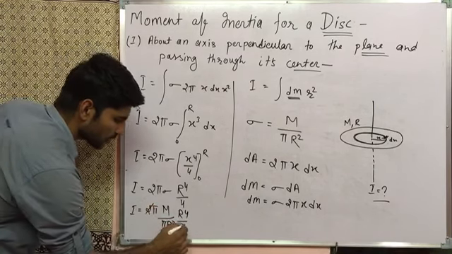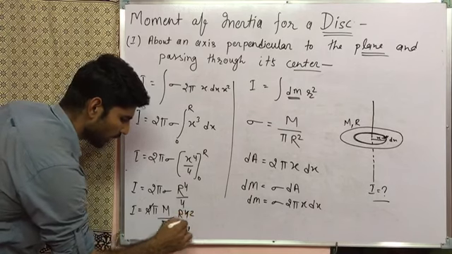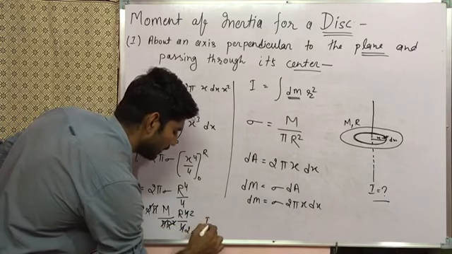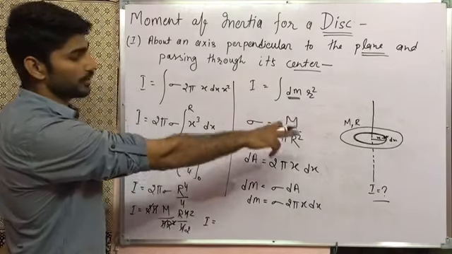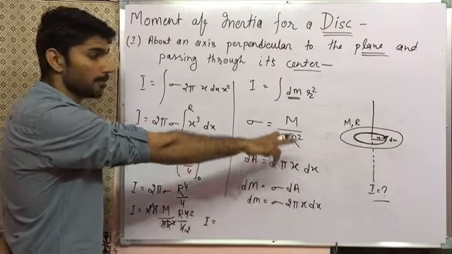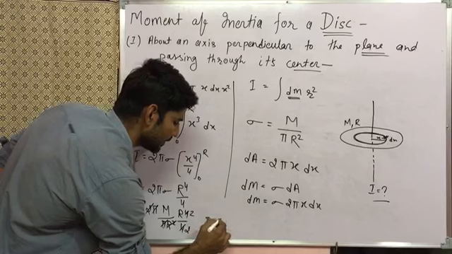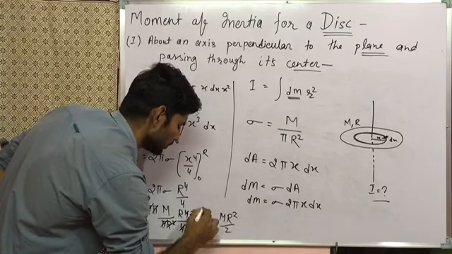We cancel by 2, R square cancels out with R square, pi will be cancelled out, and the I, or moment of inertia, for a disk about an axis perpendicular to the plane and passing through its center is MR square by 2.